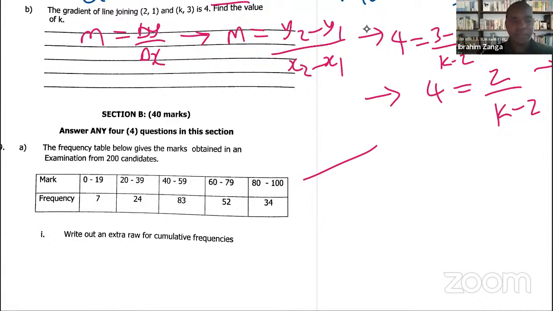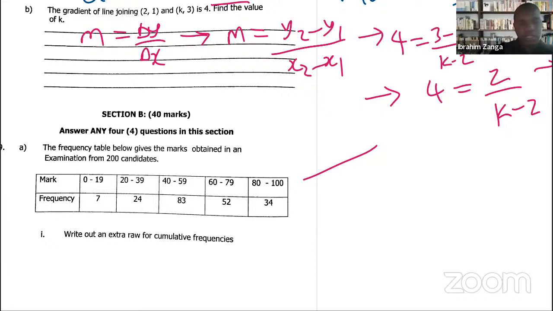Going to section B, the frequency table below gives the marks obtained in the examination from 200 candidates. Write out an extra row for cumulative frequency. So you can construct the extra row for cumulative frequency.